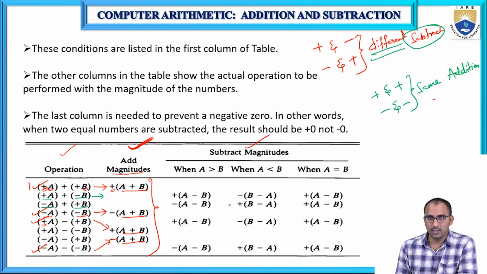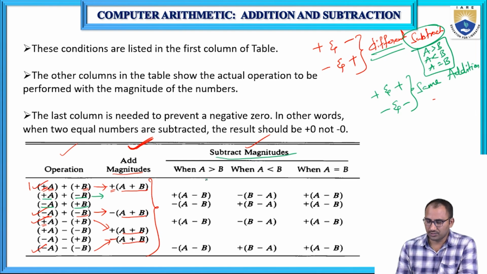Subtraction means here we have to subtract the magnitudes. When you are performing subtraction, a total of three cases will exist. That is, A greater than B, A less than B, A equal to B. These are the three different cases we need to consider in the subtraction.